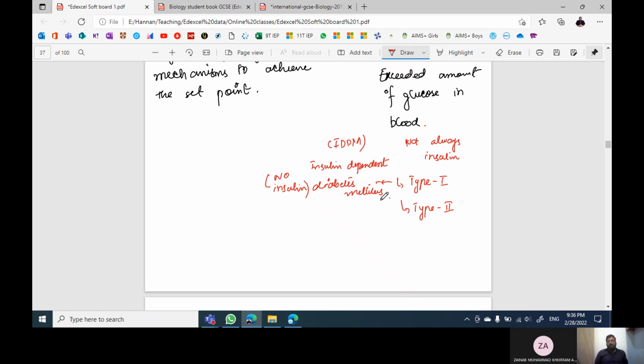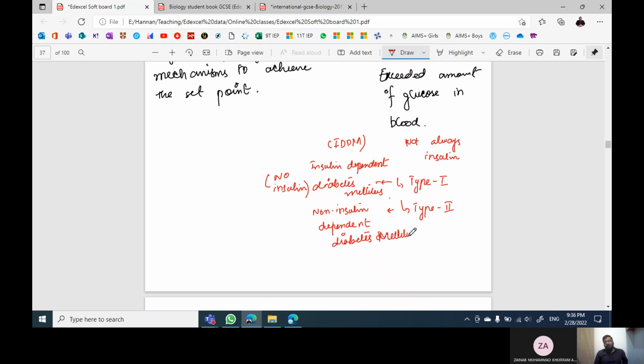But there are some other persons who are suffering from non insulin dependent diabetes mellitus. These are type 2.